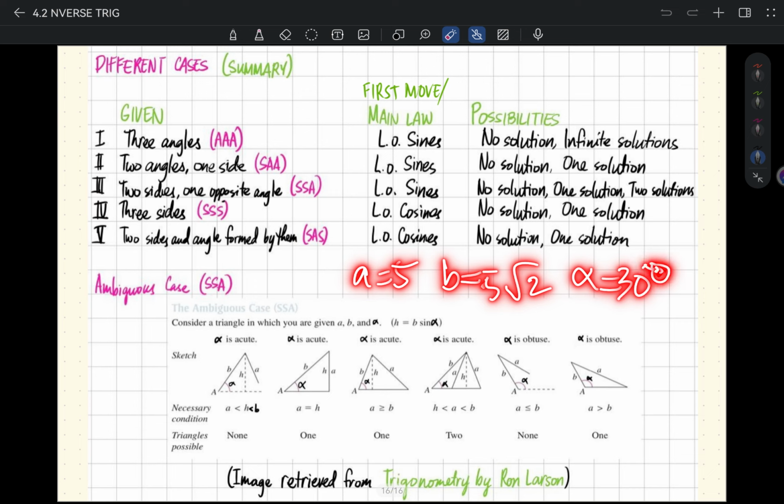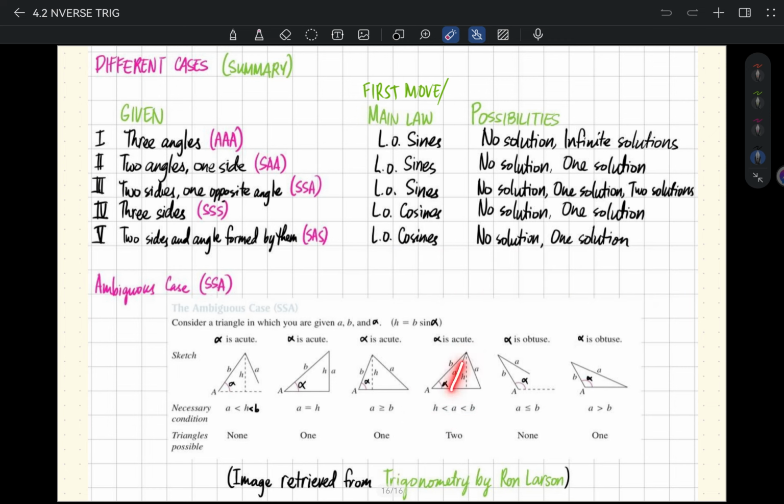And this one falls in this case right here, where your A is smaller than B. And luckily, your H is small enough for you to form two triangles. The two triangles here are this one and this one right here.